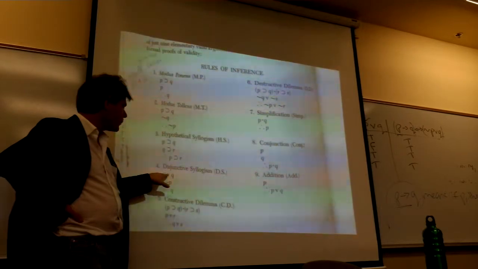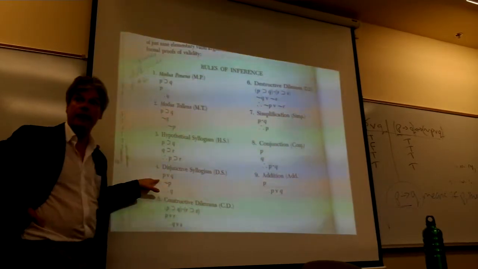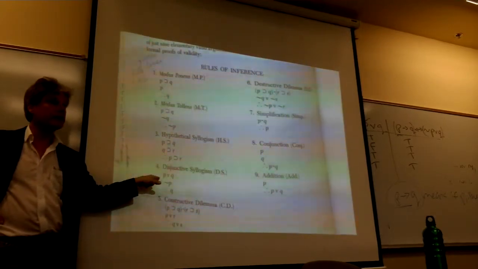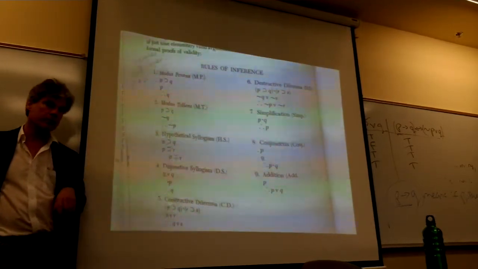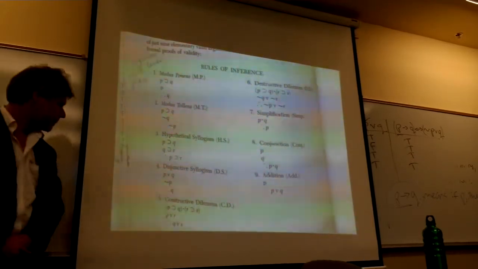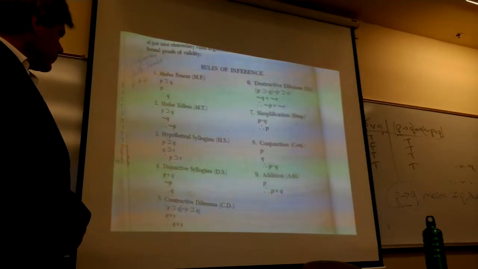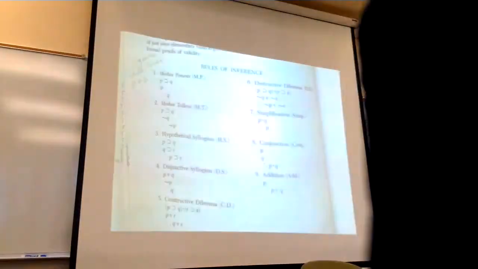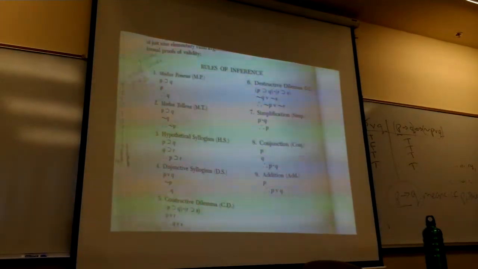Now, disjunctive syllogism says that if I know that the statement P or Q is true, but I know one of them, like Q, is false, then necessarily the other has to be true, because this statement is true when at least one of these statements is true. If you looked at my truth table for the disjunctive connector, it had values of true, true, true, false.